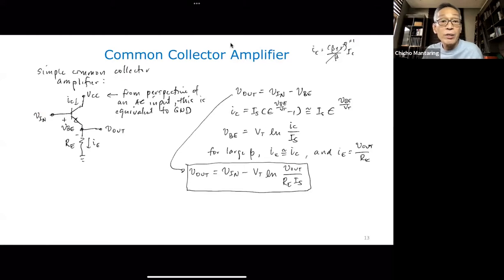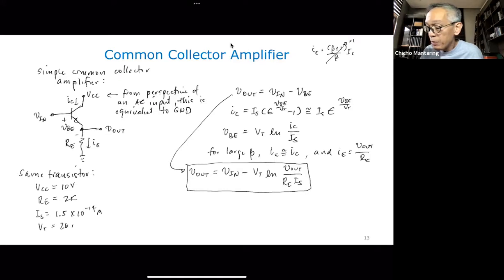So sabihin natin, same transistor. VCC also equal to 10 volts. RE now is equal to 2K. IS is 1.5 times 10 to the minus 14 amperes. VT equal to 26 millivolts. VCE sat equal to 0.2 volts.